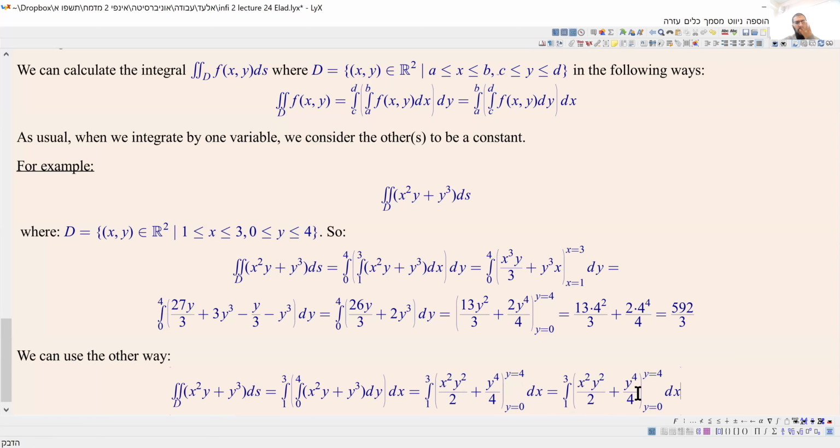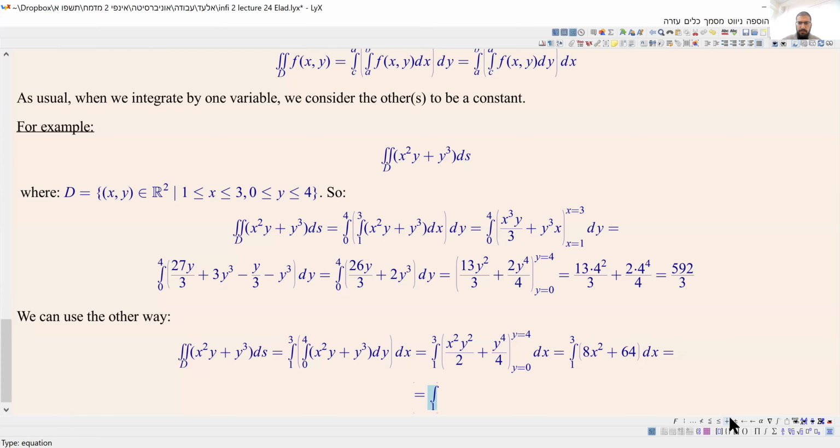Putting in 4, you get 4 squared is 16, over 2 it's 8, so 8x squared, and 4 to the power of 4 is 256, over 4 we are left with 64. Yet again, calculating this integral for x is not hard. It is 8x cubed over 3 plus 64x.